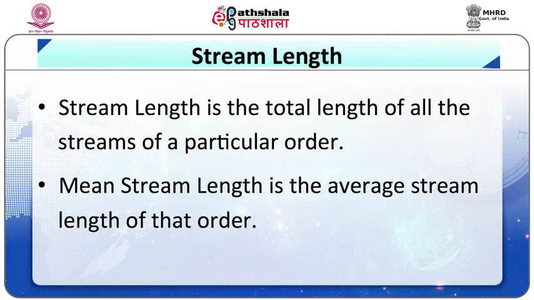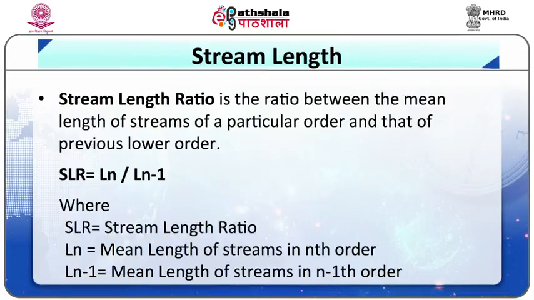Next come to stream length. Stream length is the total length of all the streams of a particular order. Mean stream length is the average stream length of that order. Stream length ratio is the ratio between the mean length of streams of a particular order and that of the previous lower order.